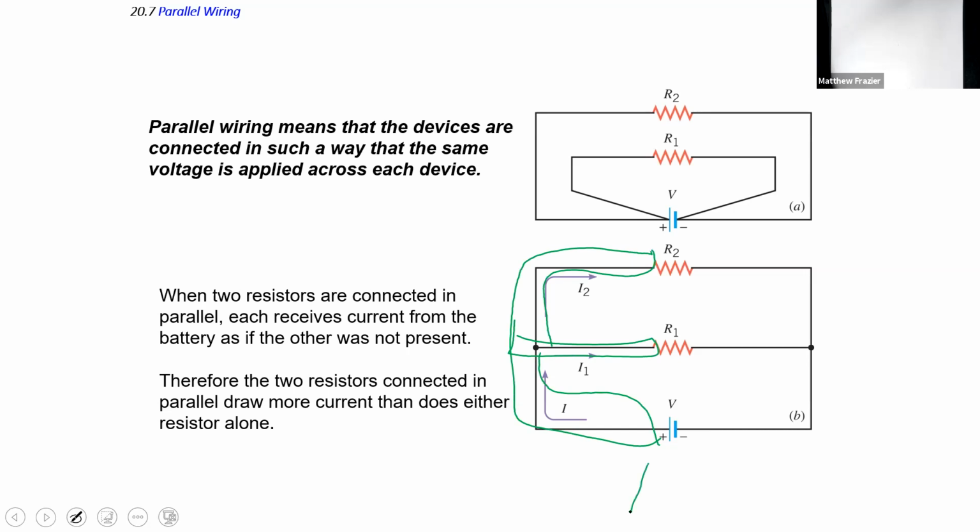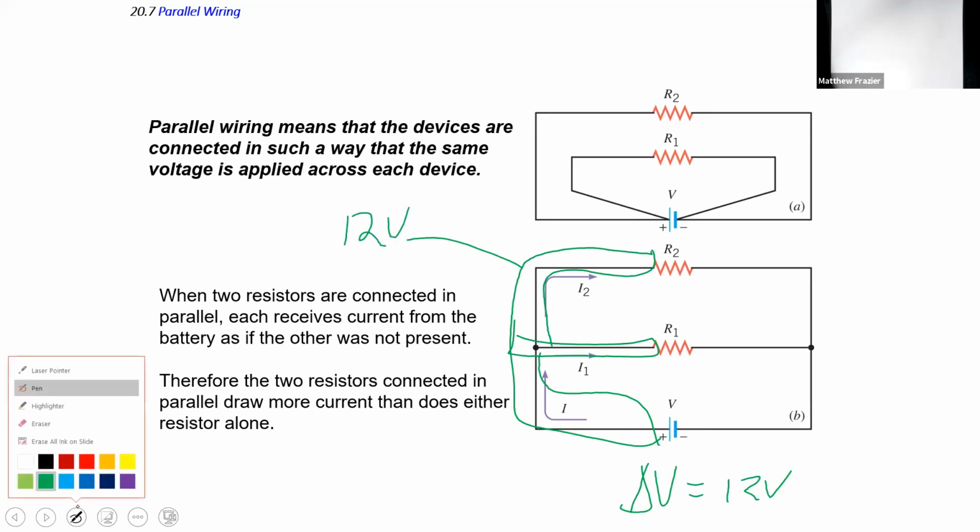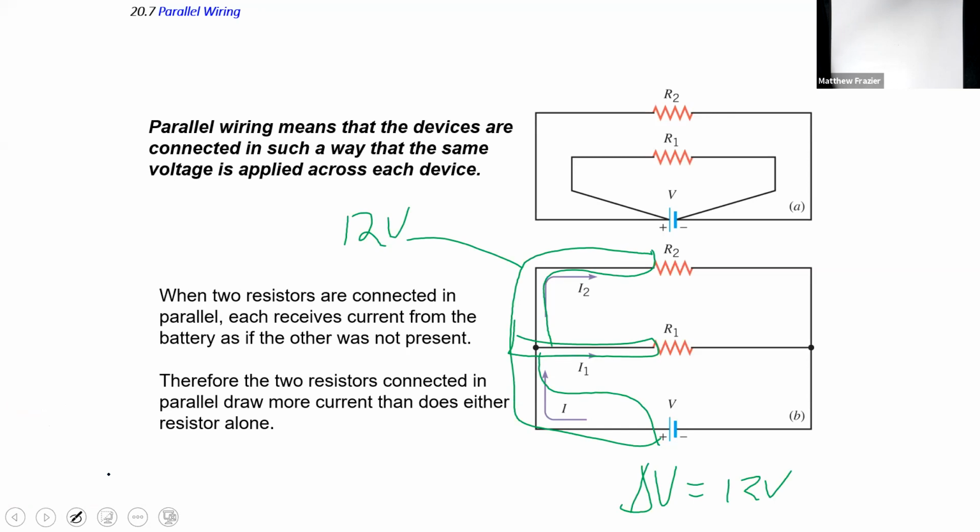Say this is delta V is 12 volts. Then all those wires are 12 volts. And then all of these wires would be at 0 volts. Which means that the potential across each resistor is the same.